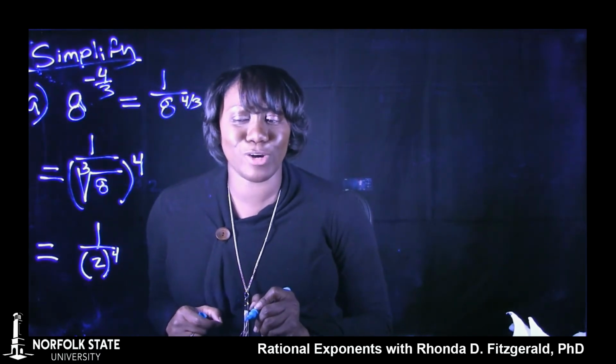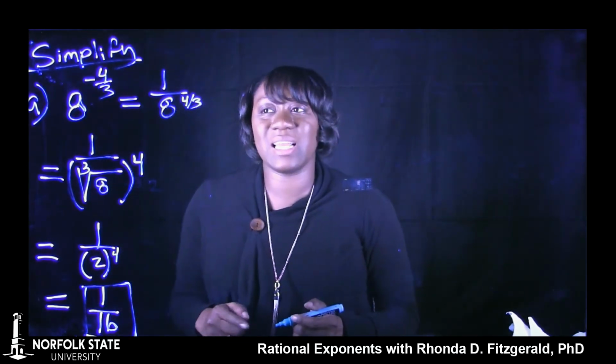The cube root of 8 is simply 2. Then we still have to raise it to the 4th power. So this simplifies to 1 over 2 to the 4th power. And what is 2 to the 4th power? Well, 2 to the 4th power is simply 16. So our final answer here is 1 over 16.